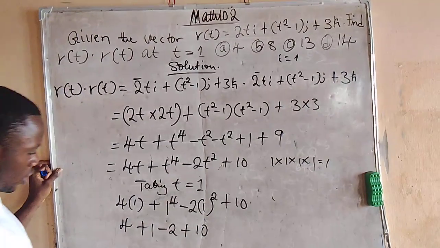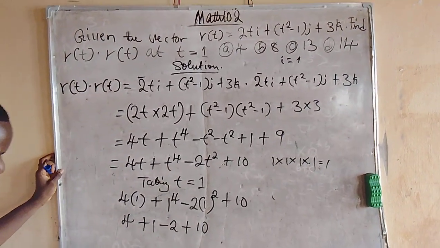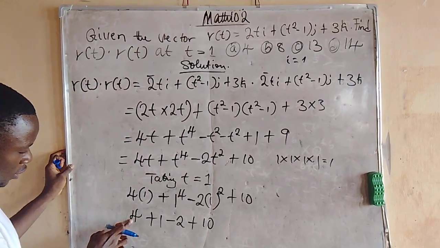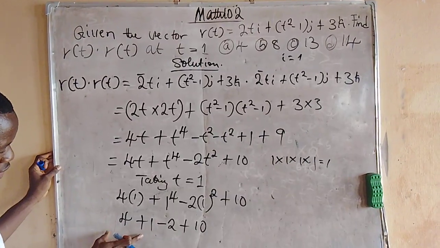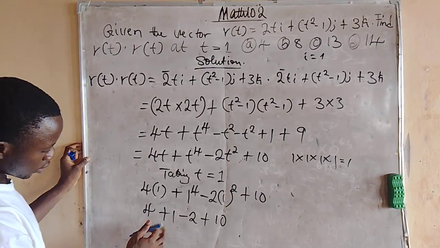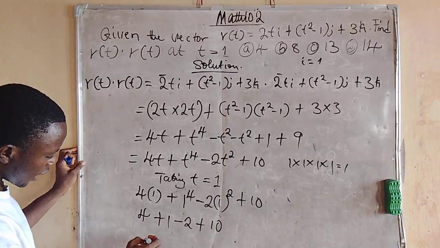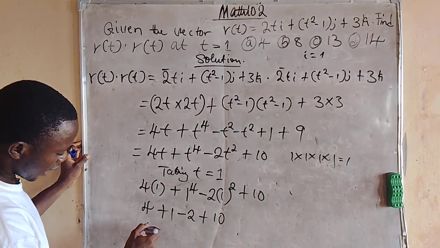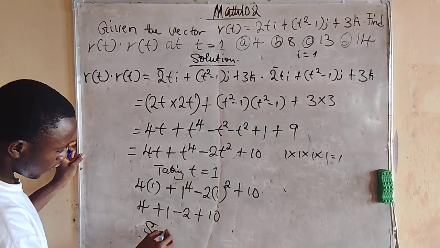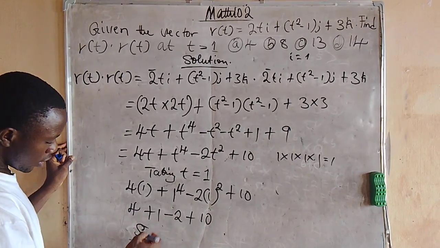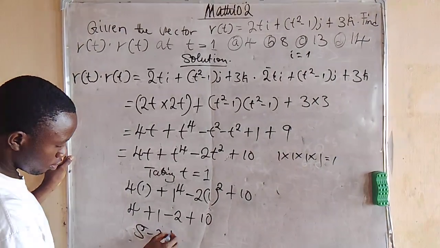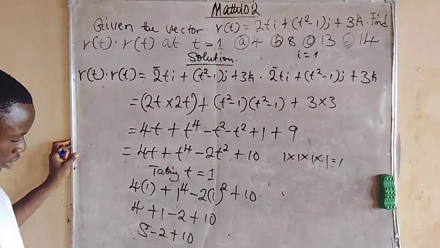Alright, let's add them together. We have 4 plus 1, which will give us 5. Plus 5, minus 2, plus 10.